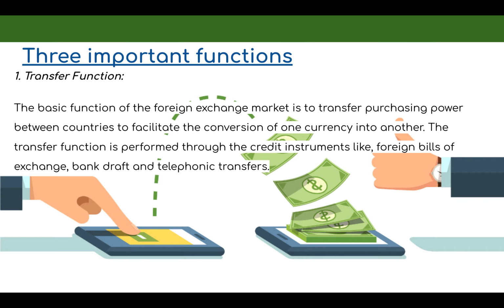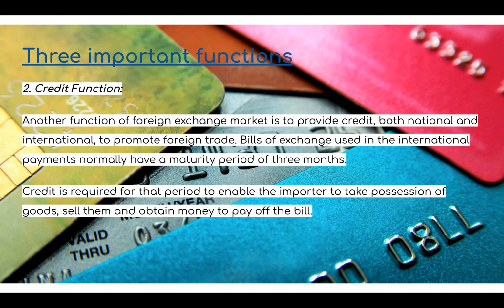The basic function of the foreign exchange market is to transfer purchasing power between countries to facilitate the conversion of one currency into another. The transfer function is performed through credit instruments like foreign bills of exchange, bank drafts, and telephonic transfers.